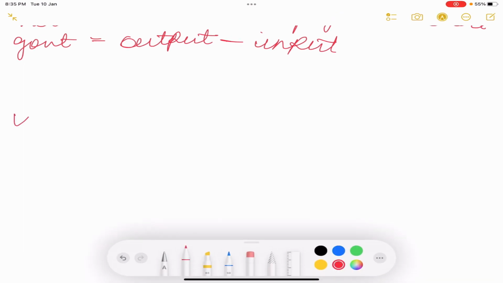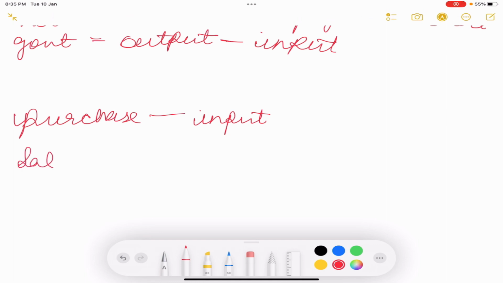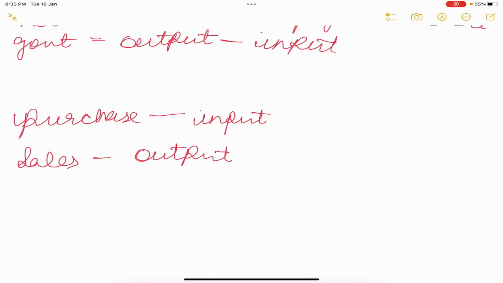So when you're talking about purchase, it's always going to be the input tax, right? And when you're talking about sales, it's always the output tax.